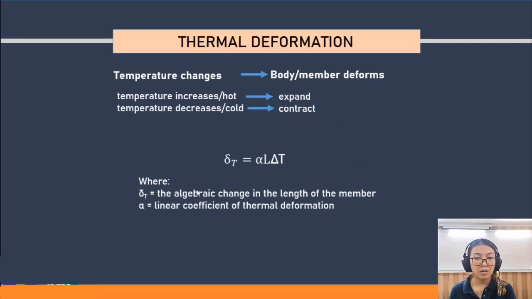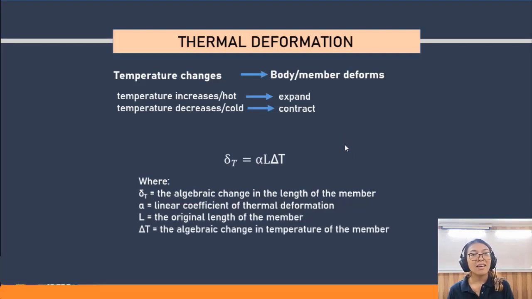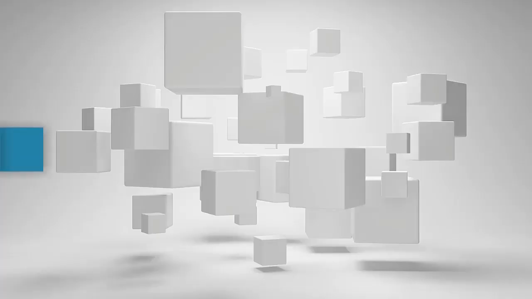Okay, and by the way, itong delta T natin, that is the change in the length of the member due to temperature change. L is the original length of the member and delta T is the change in the temperature. Okay, so yan lang yung nadagdag natin dito, no? And everything else, the same yung gagawin natin. Okay, so let us proceed to the sample problem.